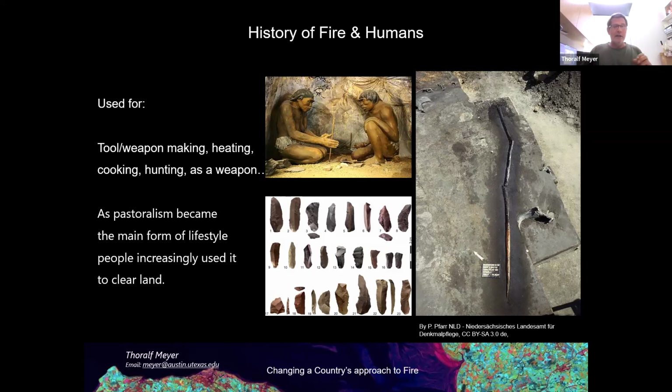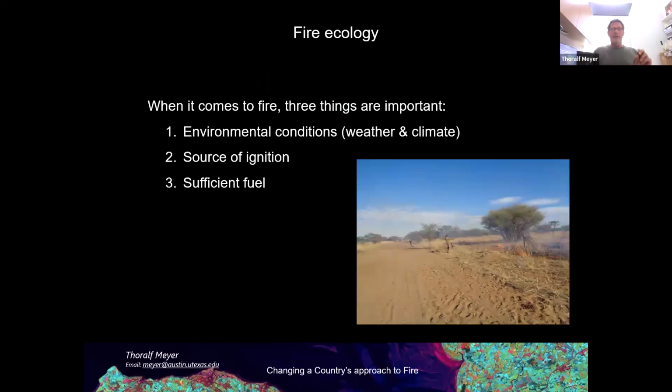But let's talk about something else quickly, and let's chat a little bit about fire ecology. So when it comes to fire, three things are essentially important. This is often referred to as the fire triangle. So when it comes to fire, the environmental conditions are a big component that enables or disables the occurrence of fire, because the environmental conditions, such as weather and climate, essentially have a heavy influence on fuel availability.